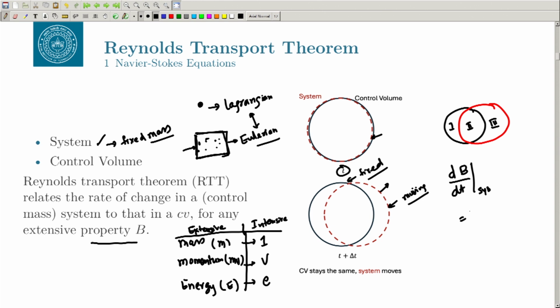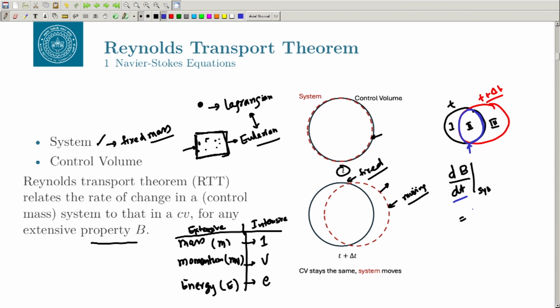We will see that the B at initial time t is defined by regions 1 and 2, and then at t plus delta t it is defined by regions 2 and 3. What is your control volume in this is this region. Ultimately we will make an approximation that the movement of the system is so small, because we are talking about dt, that the boundaries of the control volume as well as the system are nearly overlapping.